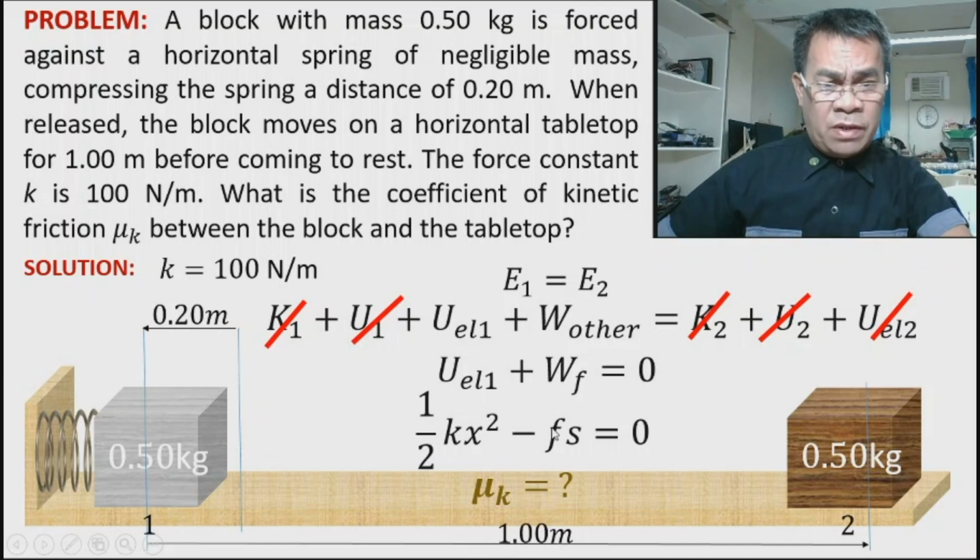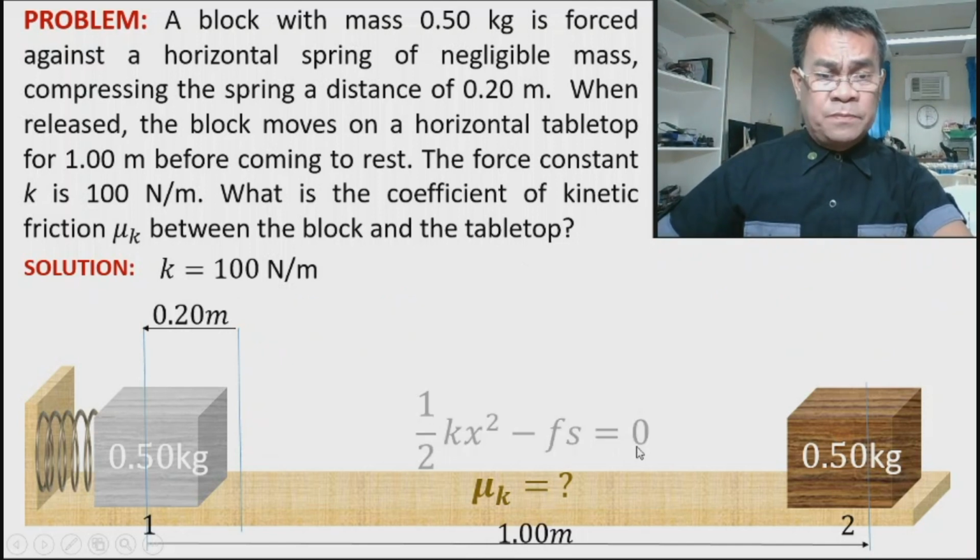So therefore, the only problem here is the friction. But take note, what is friction? Friction is mu times N. Mu k is given as unknown. This is the unknown required. While N is the normal force. Now, since this is horizontal, the normal force is just equal to mg. Okay?